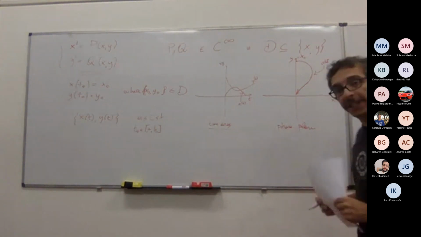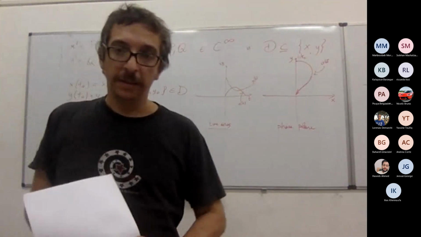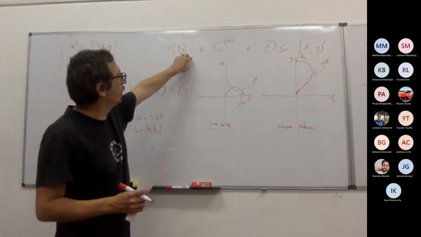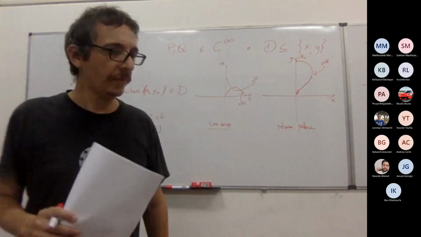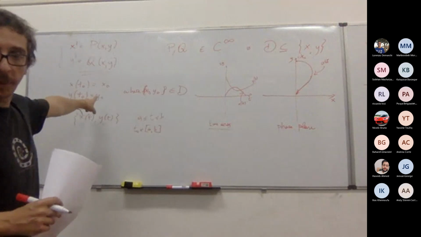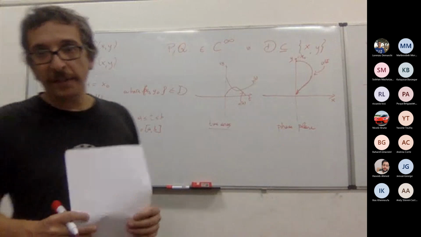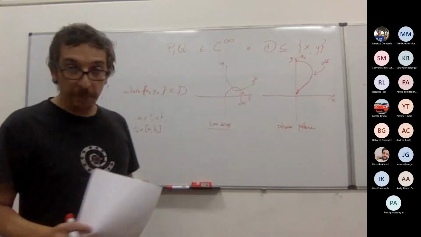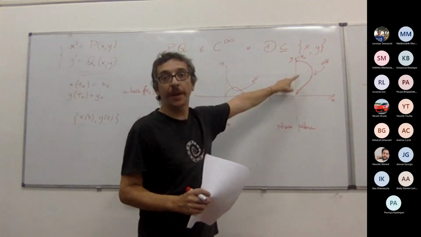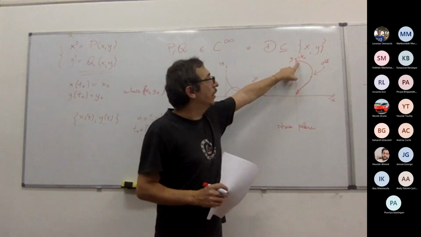Now, consider the following. Remember that we have said that, given this kind of problem and given these properties for the functions p and q, there is one and only one solution of the initial value problem. Which basically means that there is one and only one orbit, one curve in the phase plane, starting from this point t equal t naught.